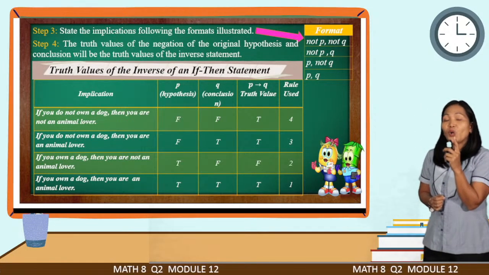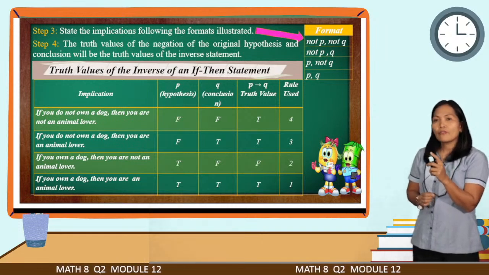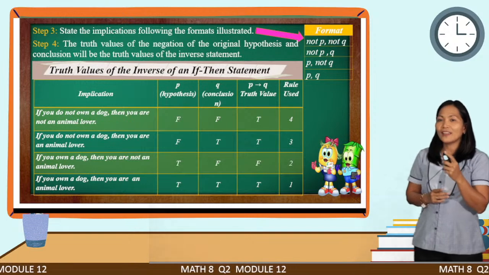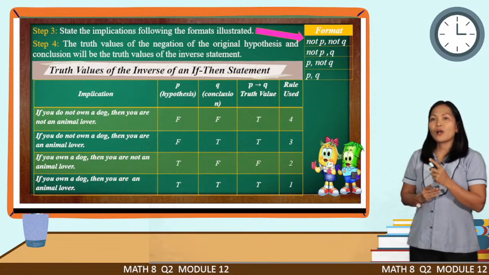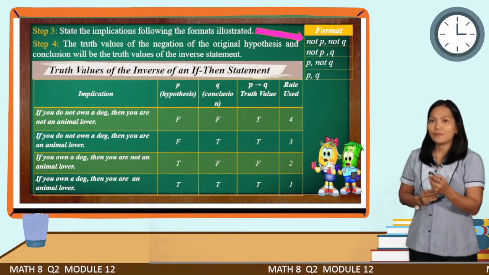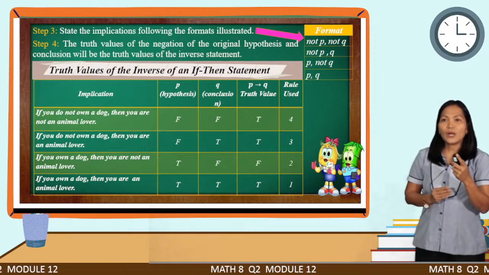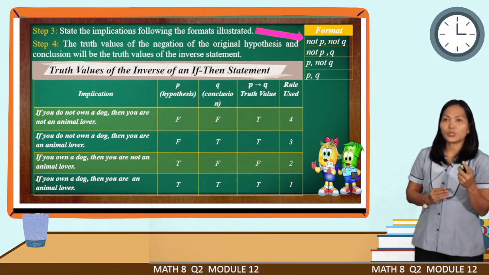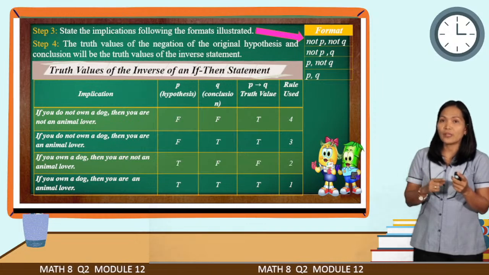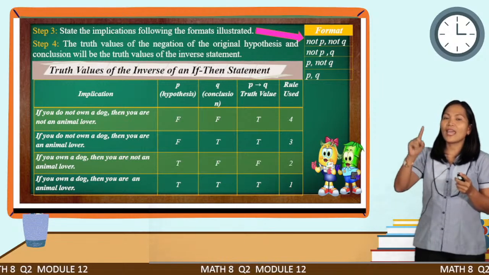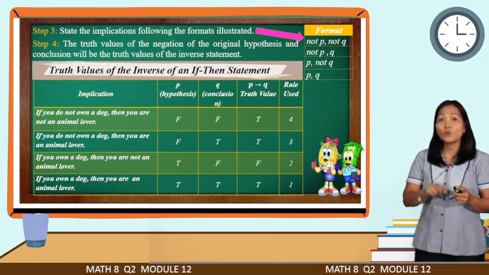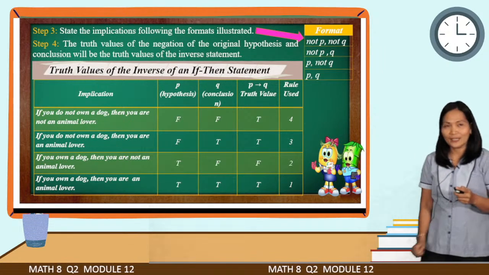That is rule 2. For the fourth one, if you own a dog, then you are an animal lover. Our hypothesis is true, still the same, and our conclusion is also the same as the original. So they are both true, and if both are true, then the implication is true. And we use rule number 1.